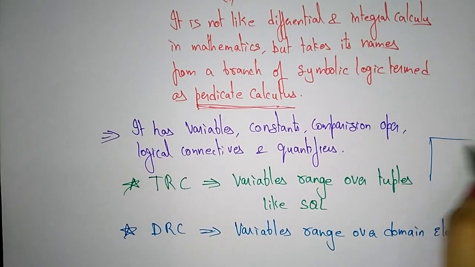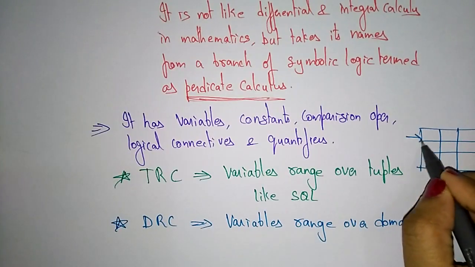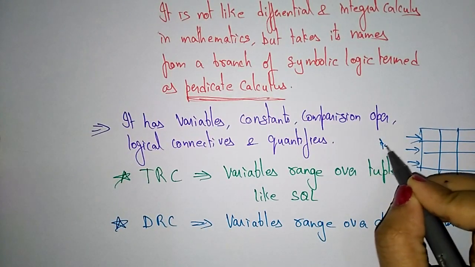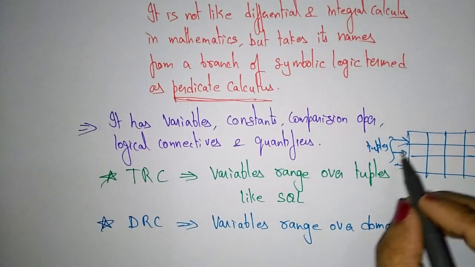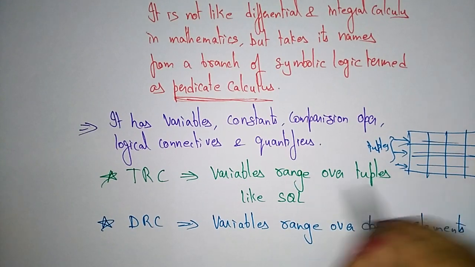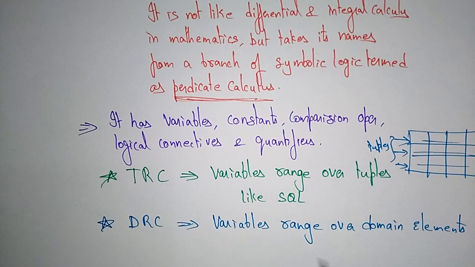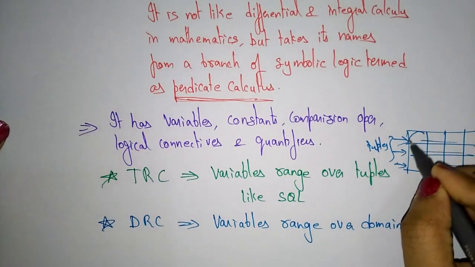Suppose you take a table: these are the rows, which we call tuples. TRC has variables ranging over tuples, whereas domain relational calculus talks about the field values. Each field value is one domain.